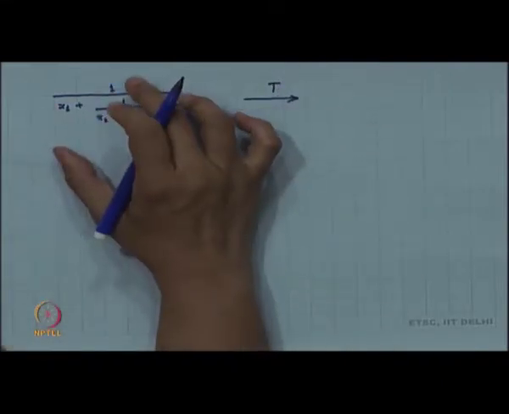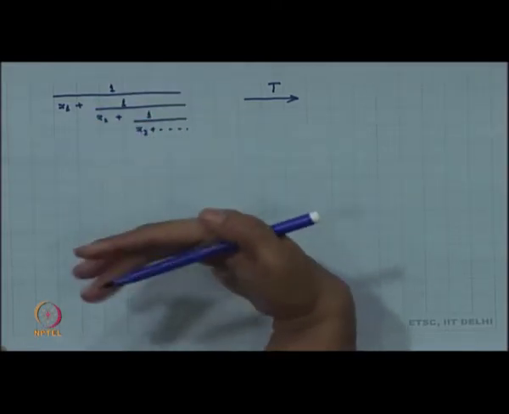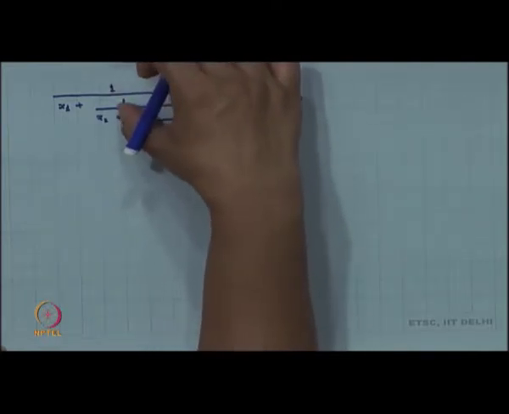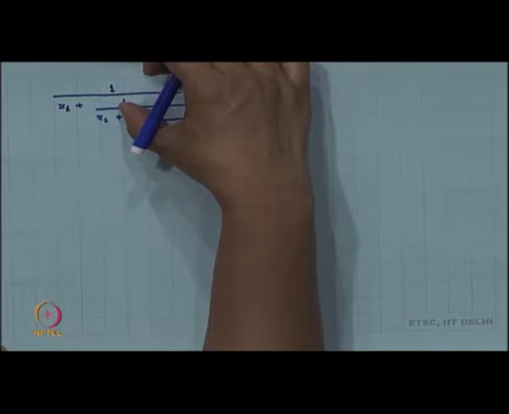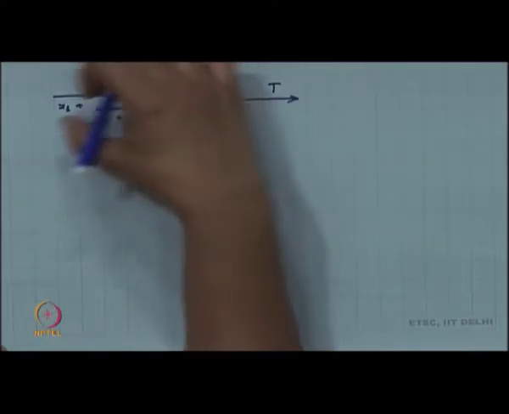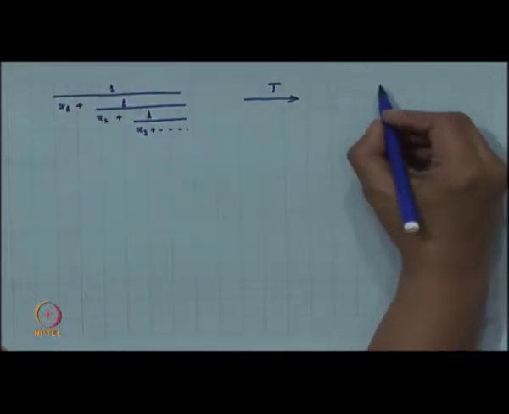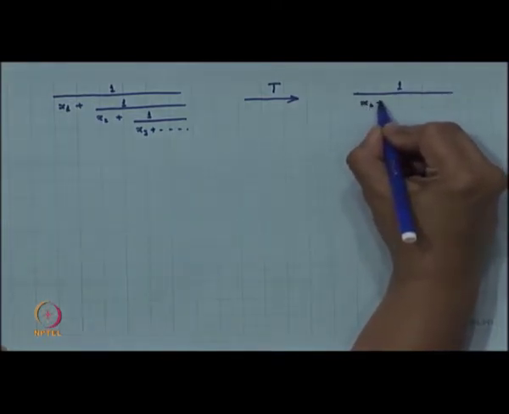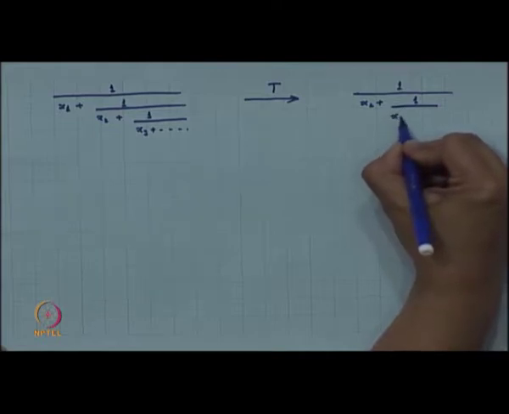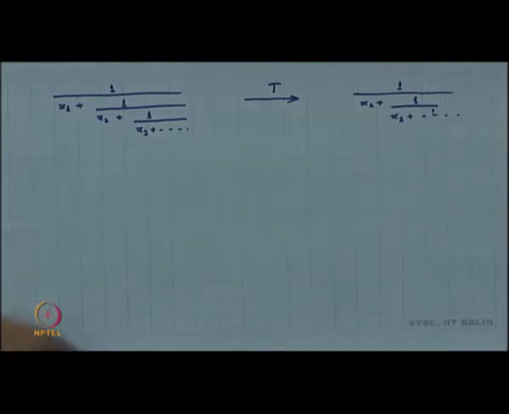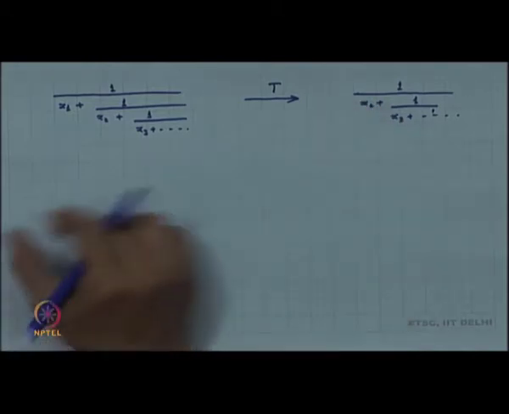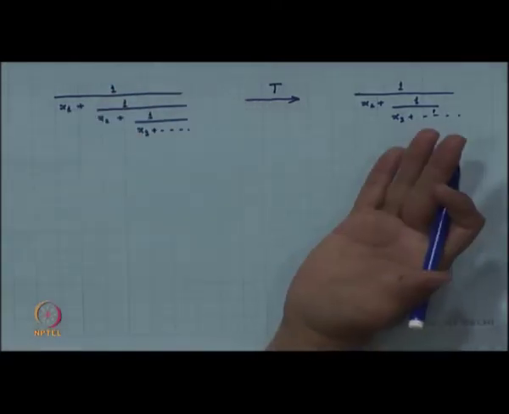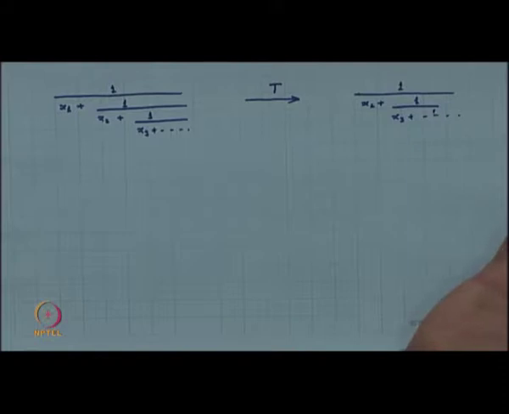Now, this is non-zero, so I am just taking 1 upon x, and the denominator becomes the numerator here, and then when you take mod 1, x_1 is a natural number, so x_1 gets cancelled out. What you get is another continued fraction, 1 upon x_2 plus 1 upon x_3 plus, and so on. So, under the action of T, this continued fraction is mapped to another continued fraction, and we are representing every non-zero x in terms of continued fractions.